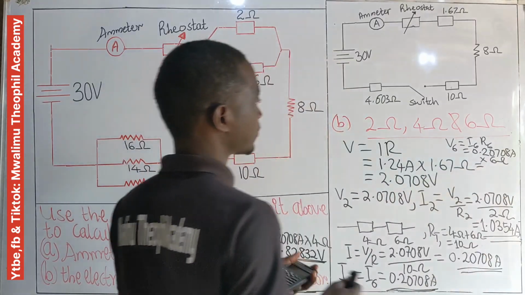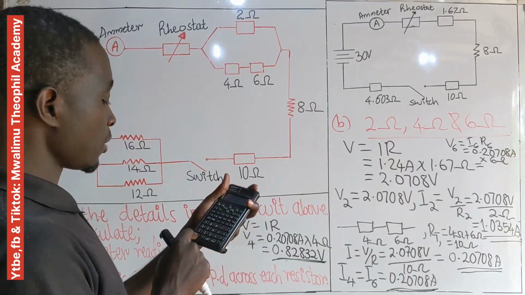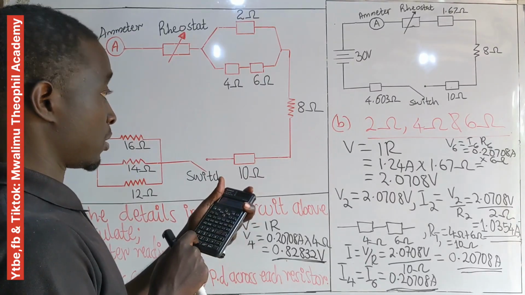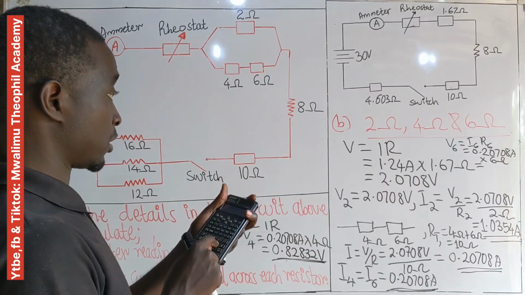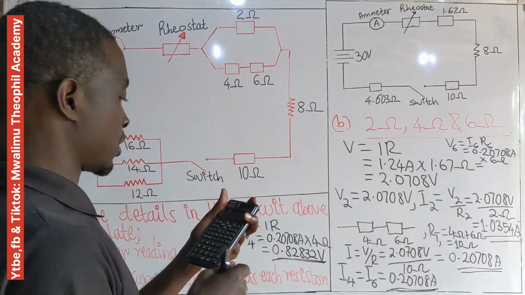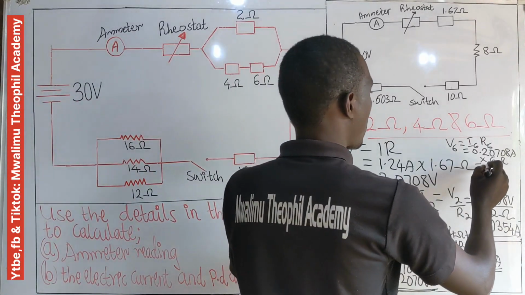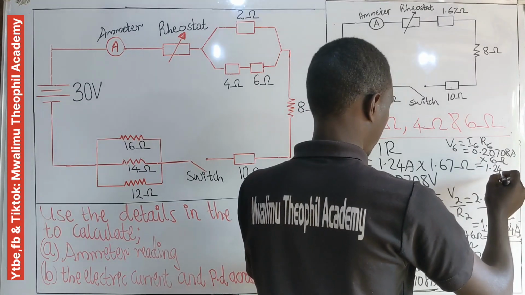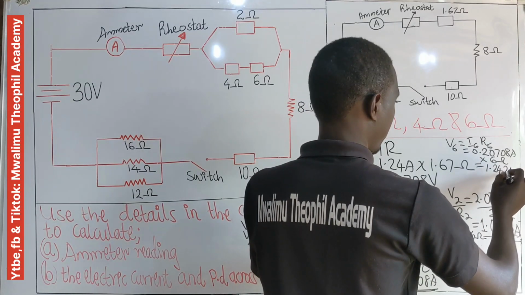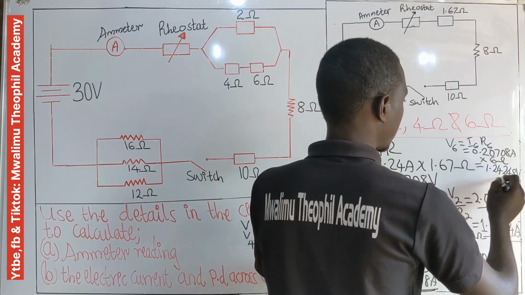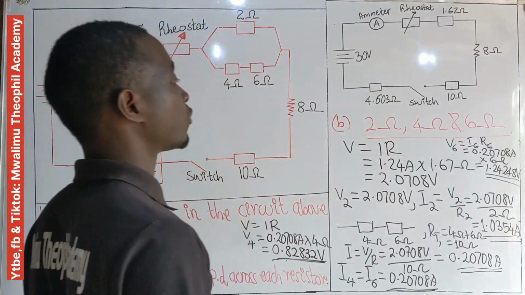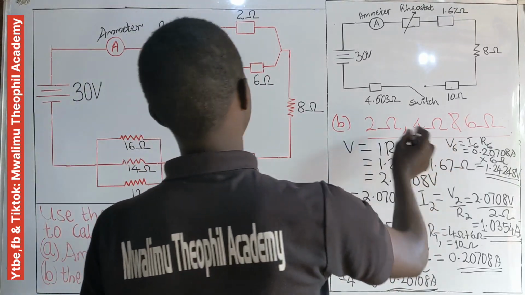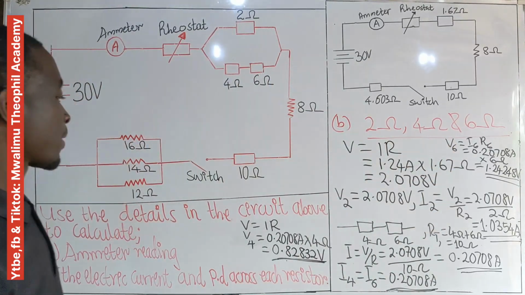This will give us 0.20708 times 6. We have 1.24248 volts. So 1.24248 volts will be the potential difference across the 6 ohm resistor.